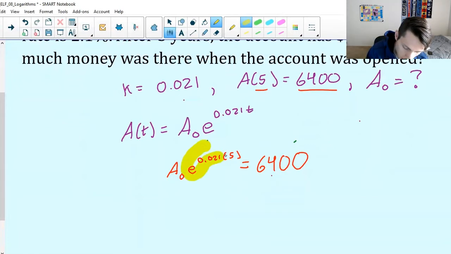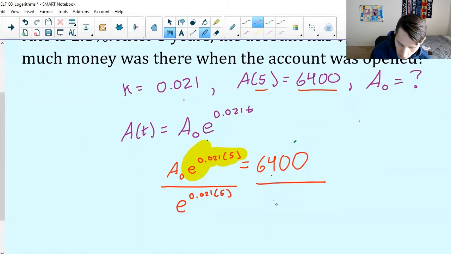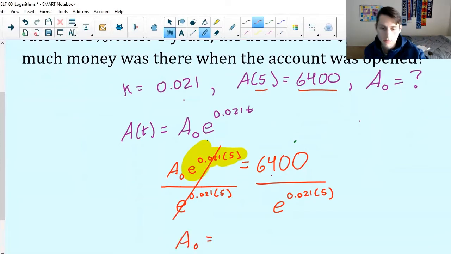So the important thing to keep in mind is that this, while it is weird, e to the 0.021 times 5, it is just a number. Okay, so if I have a number times A0 and I want to solve for what A0 is, well then great, I will just divide this number on both sides. That way it will cancel, just leaving me with the initial amount.